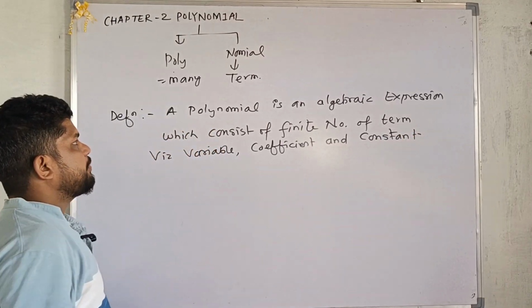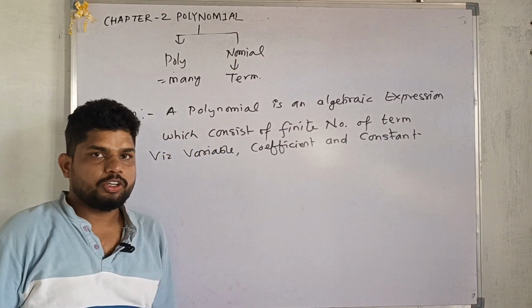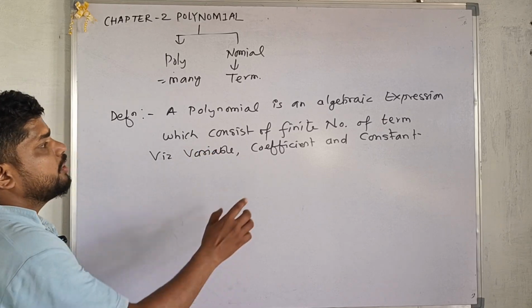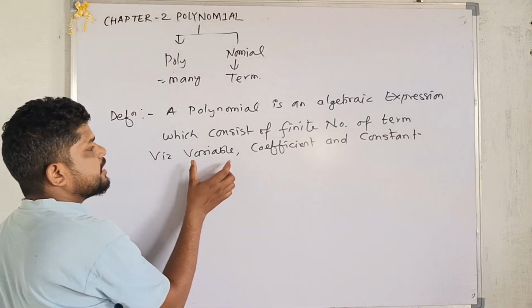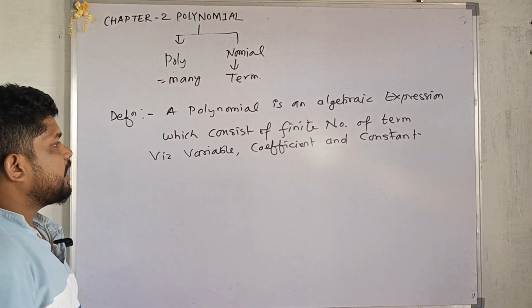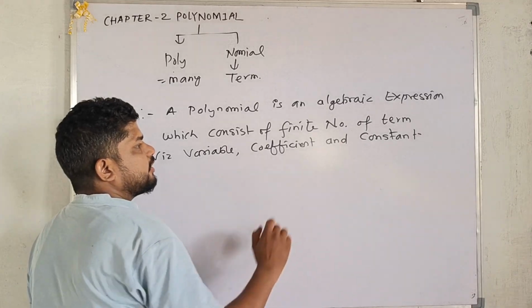Dear students, I have given you a small definition of polynomial. Polynomial is an algebraic expression which consists of a finite number of terms such as variable, coefficient and constant. Let us see what are variable, coefficient and constant.